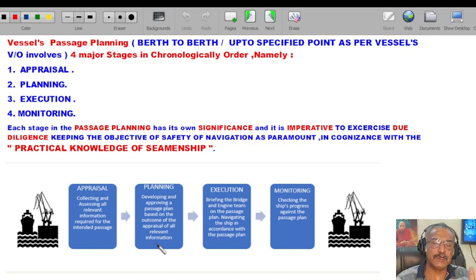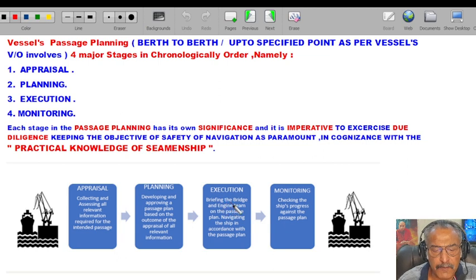So the first stage is you get all the relevant information, either from the sailing directions, that is your electronic sailing directions, your charts, your publications, whatever data you can assimilate, be it a coastal passage or an ocean passage, be it from your NP 100 or from your ship routing guide, whatever is relevant, you need to collect all the data and assimilate it once you have procured them.